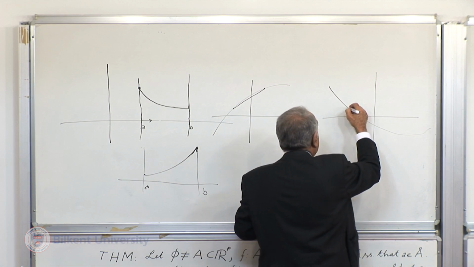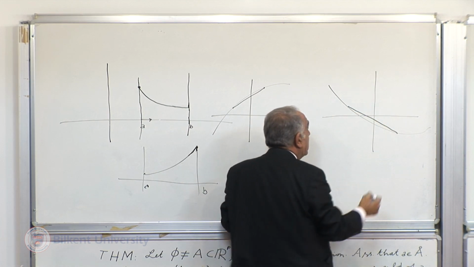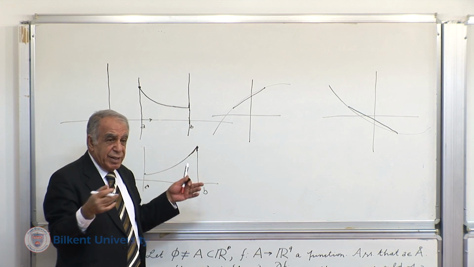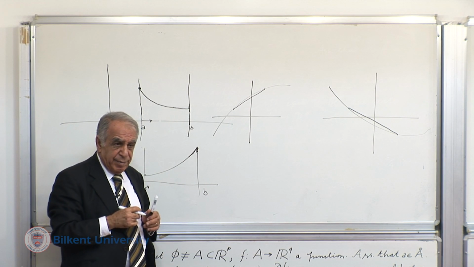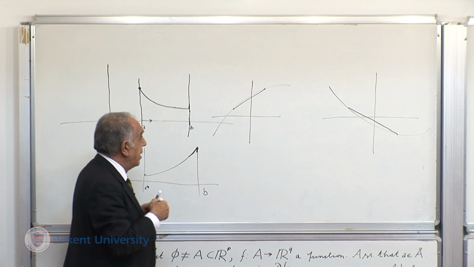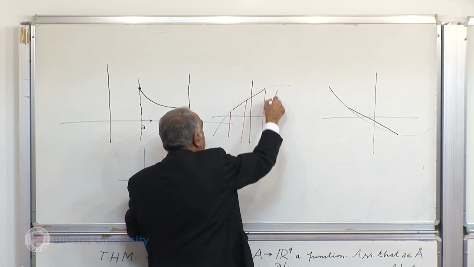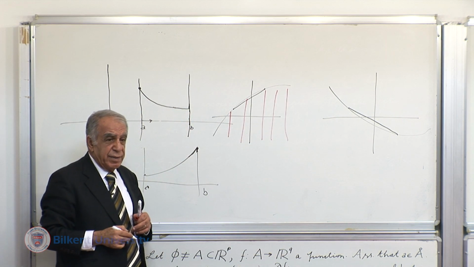Here, it's the other way around. This requires no differentiation, nothing further than just the function itself. The second observation: what can you tell about the region under the graph if the function is concave?